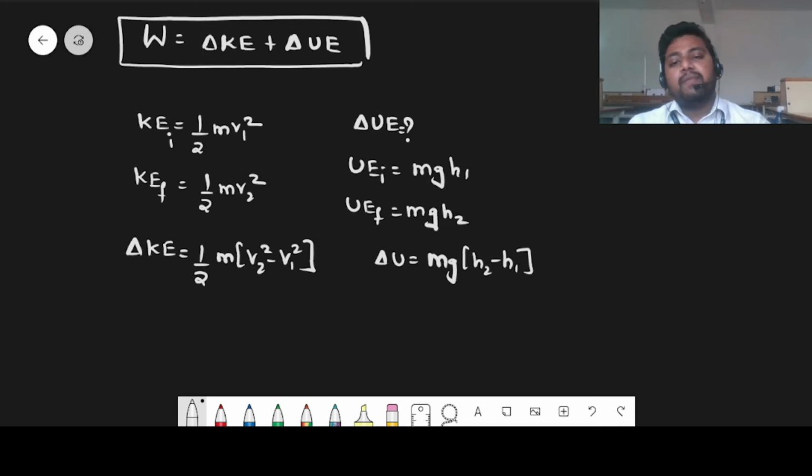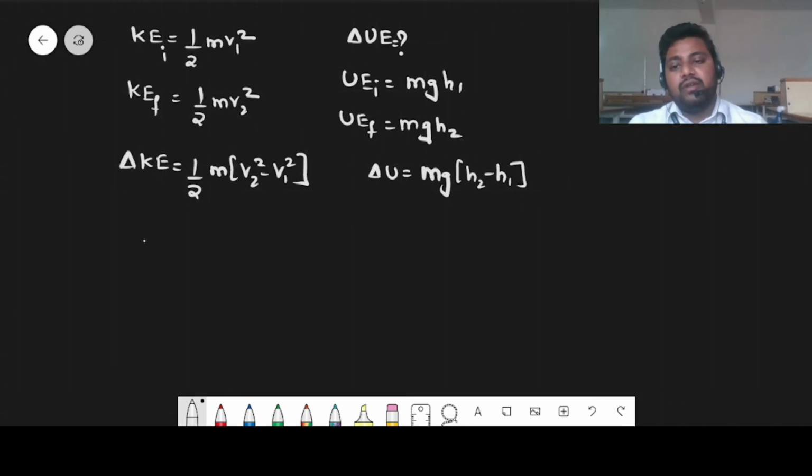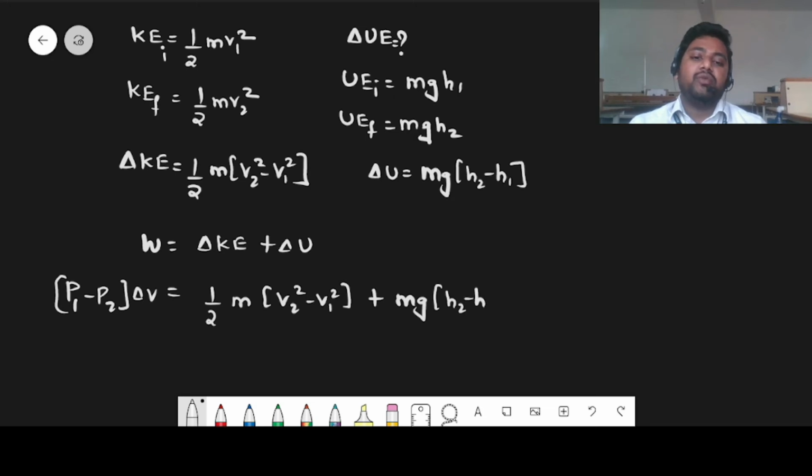Since, according to the conservation of energy and the work-energy theorem, we know that work done is equal to change in kinetic energy plus change in potential energy, if we substitute, (P1 minus P2) into change in volume will be equal to half m into (V2 square minus V1 square) plus m g into (H2 minus H1).